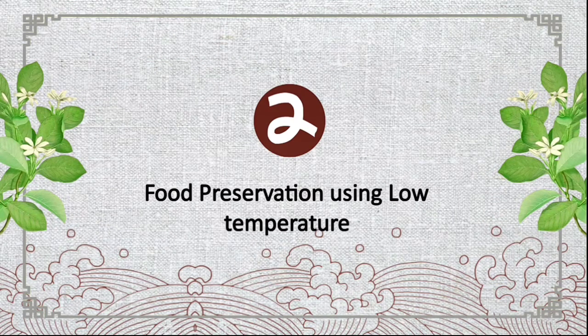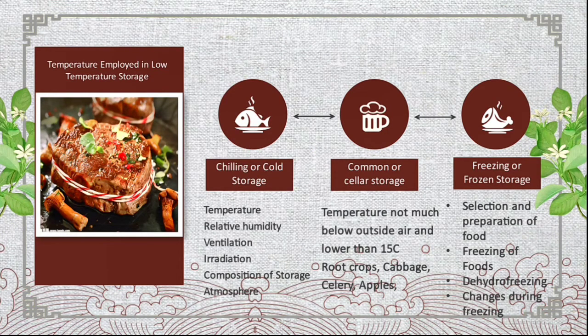The next one, food preservation using low temperature. There are three methods. Number one, chilling or cold storage. Chilling storage is at temperature not far above freezing and usually involves cooling by ice or by mechanical refrigeration.